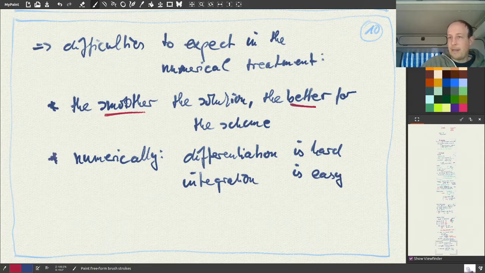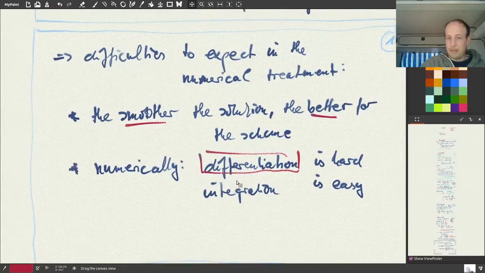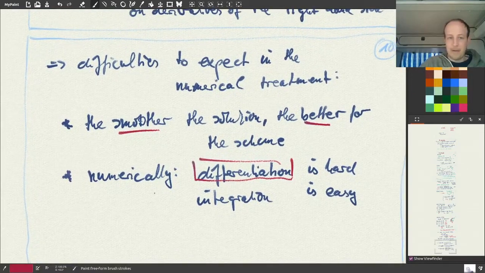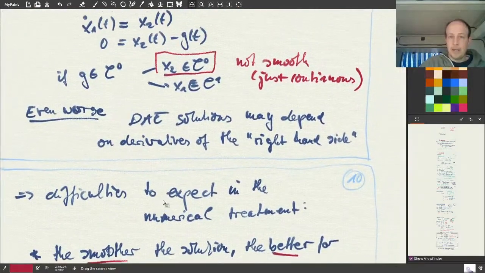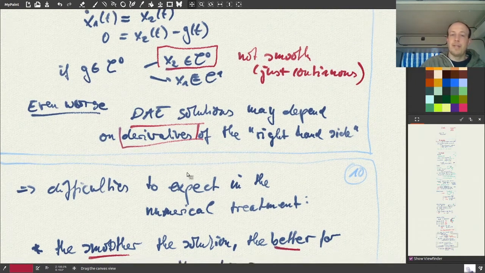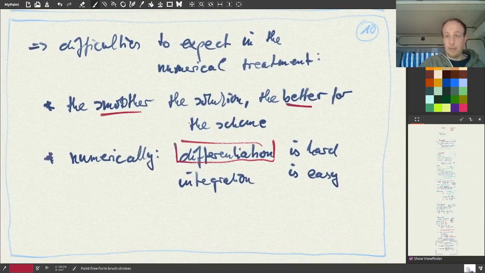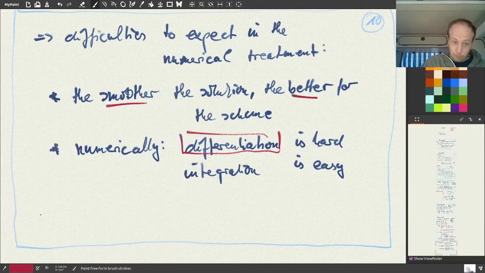Differentiation is nothing that you want to do in a numerical scheme. Integration is nice because errors will smooth out, and differentiation is bad from a numerical point of view. And as I said, the solutions will depend on derivatives, so there might be a differentiation involved, and this will always mean it's difficult.